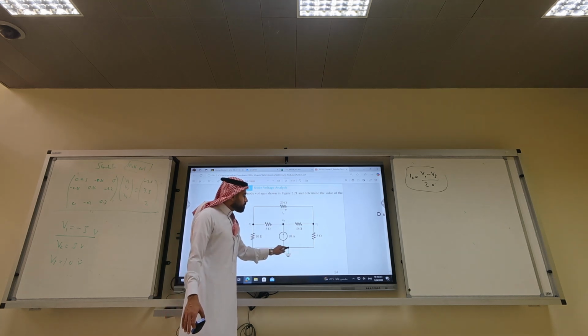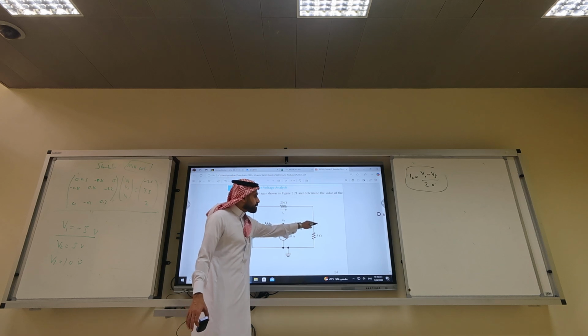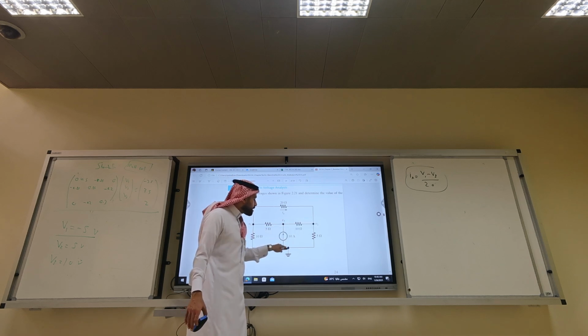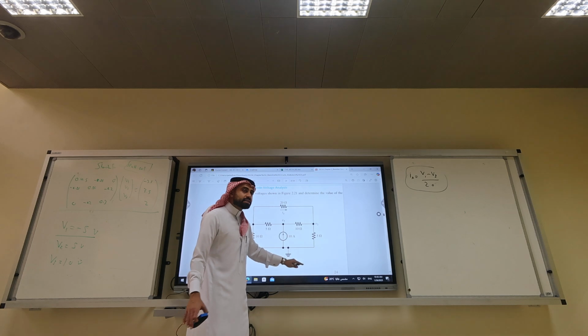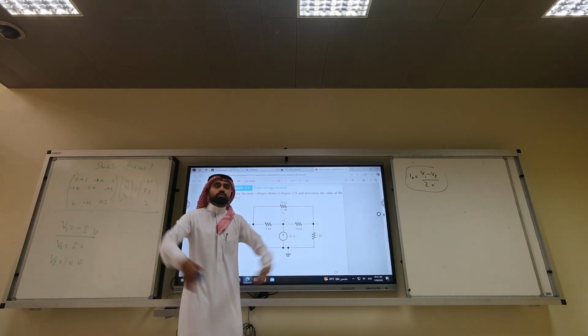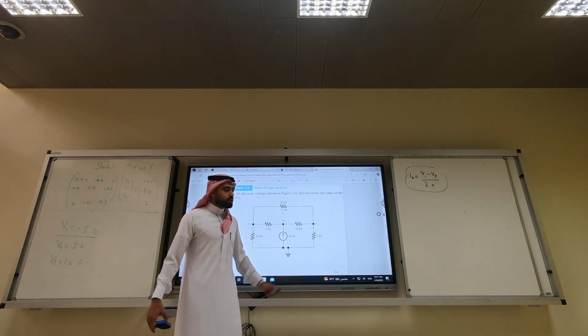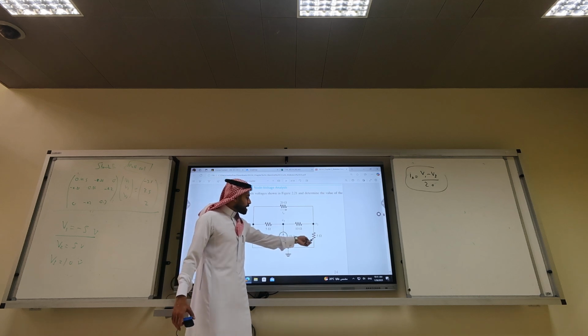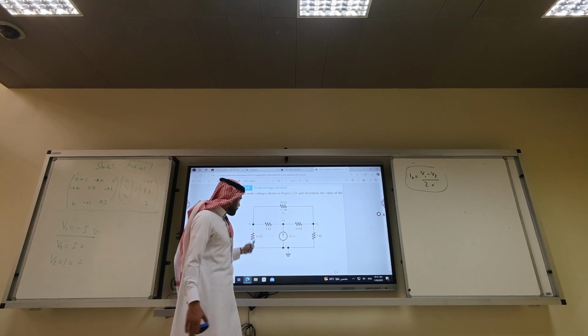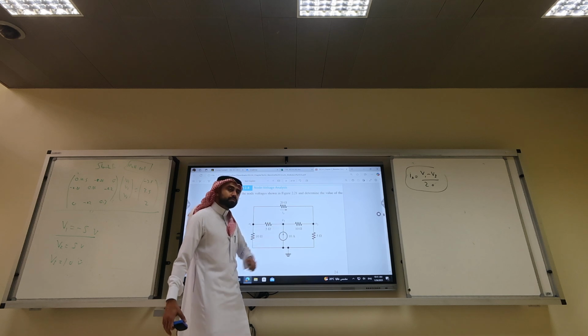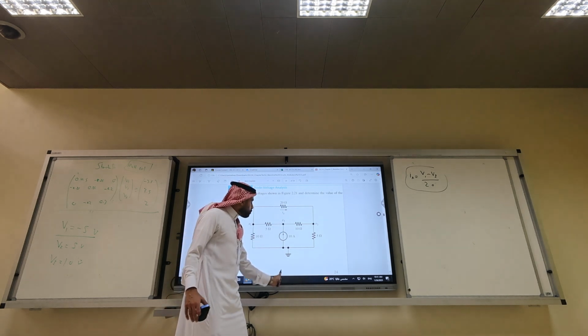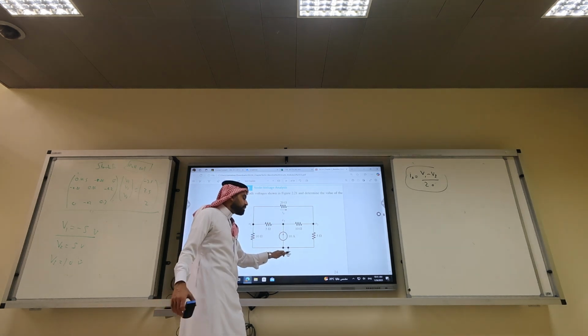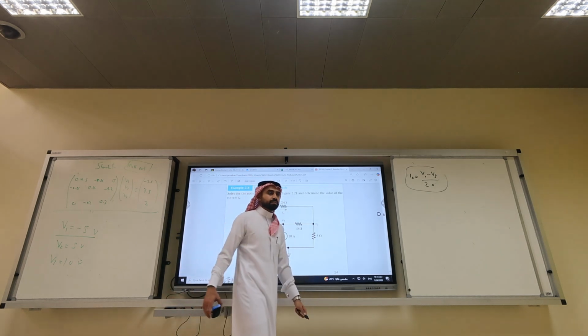Ground means, if I tell you there is 5 volts here, it means I'm measuring 5 minus 0. It has nothing to do with this ground, where the current will go infinitely. So if the current comes from here, it comes actually from that cable, and from that cable, and they collect back here. Nothing will be fed from the ground. Ground has to do with voltages only. Get it?